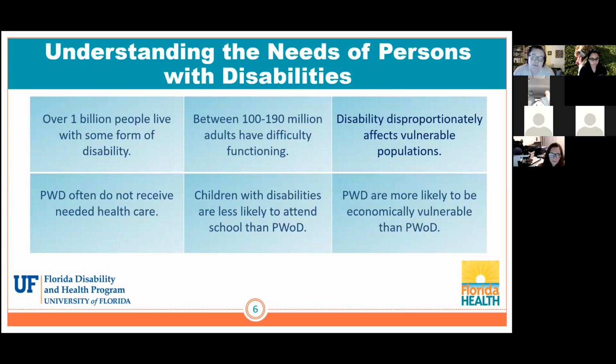So when we look at the situation worldwide, according to the World Health Organization, over 1 billion people live with some form of disability globally. This corresponds to about 15% of the global population. And of these individuals with a disability, between 100 and 190 million adults have significant functional disabilities.